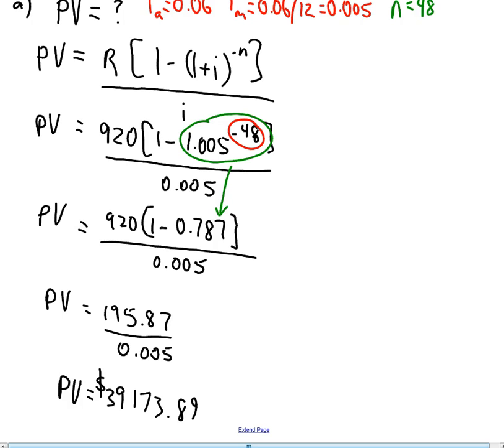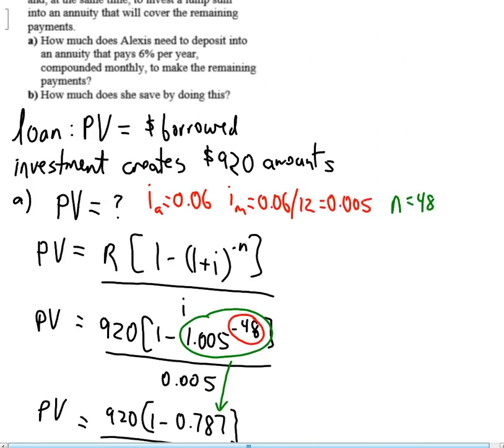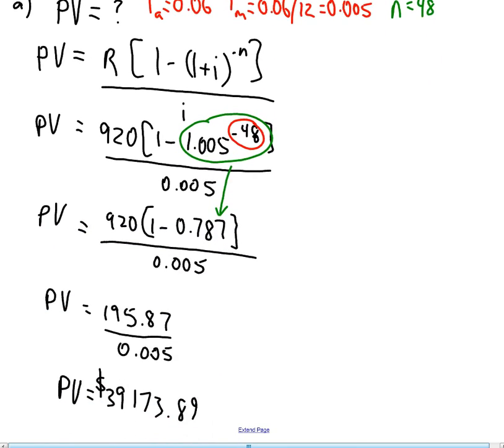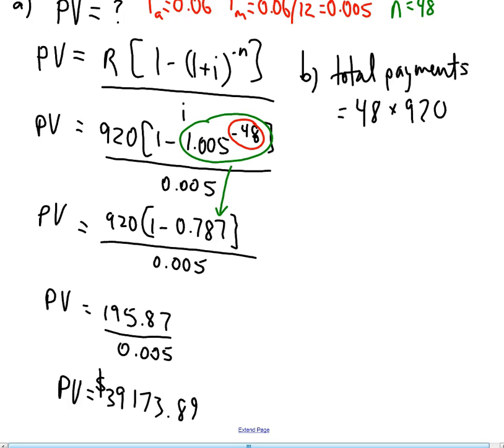So what we're looking at here in part B is how much does she save? Well, she saves, as we see here, the total payments made, this is the power of her investment, would be the 48 times 920. That gives us a much larger value, okay, of 44,160.